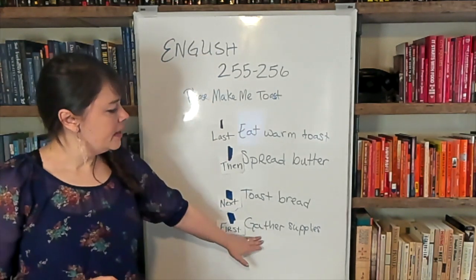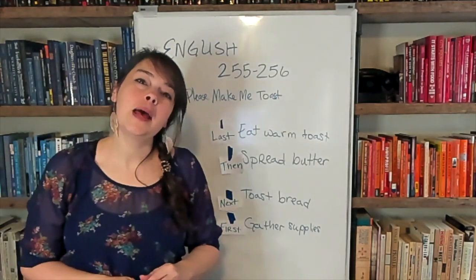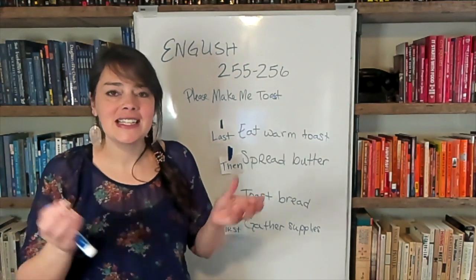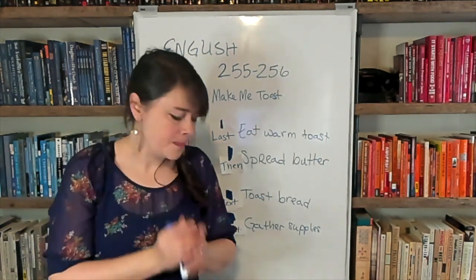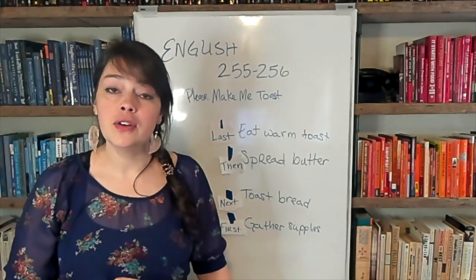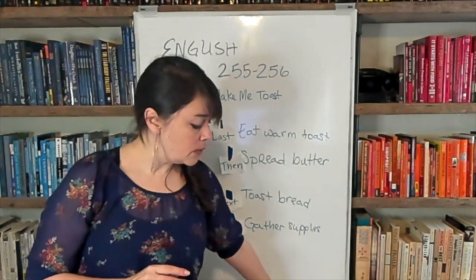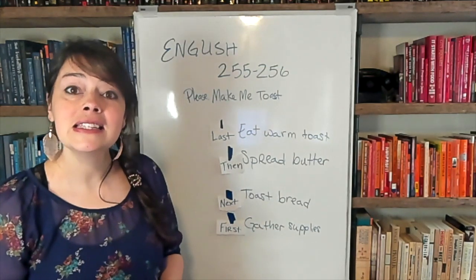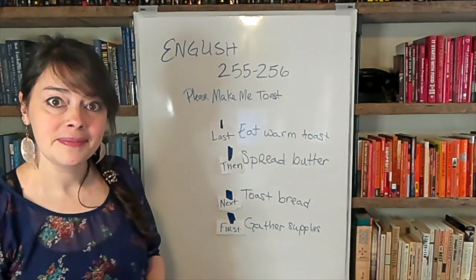And then I have listing supplies, listing the steps, and the closing last. Eat the warm toast. So you're going to use your colored pencils, markers, or crayons to underline that paragraph and show that you can tell the different parts of giving instructions in a paragraph.